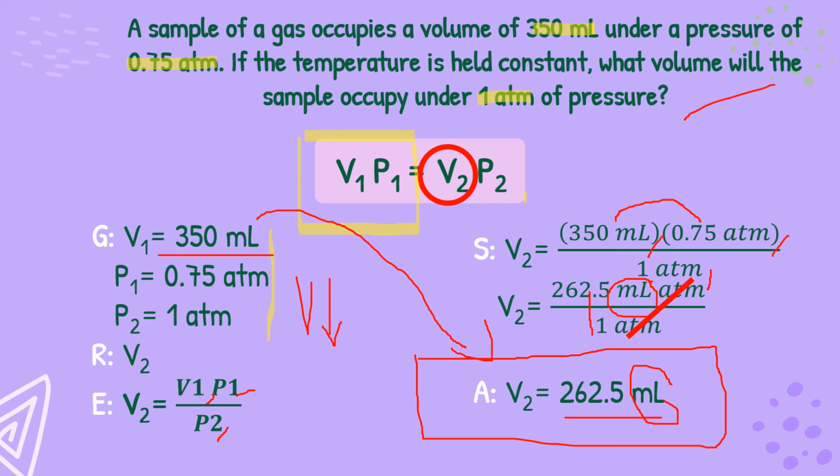Now, what will happen to the pressure? From 0.75 atm into 1 atm, the pressure is increasing. So as you can see, as the volume decreases, the pressure will increase. So that is how Boyle's law proves that volume and pressure are inversely proportional to one another.